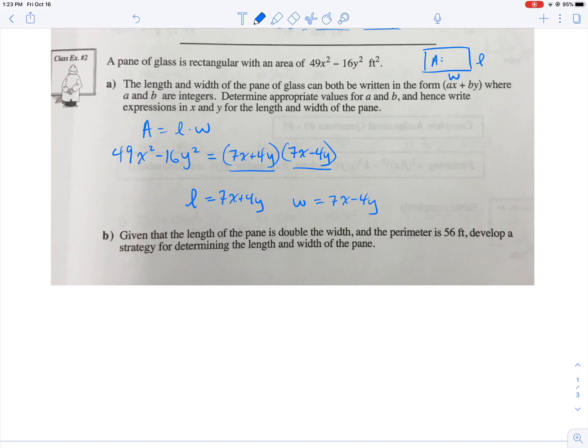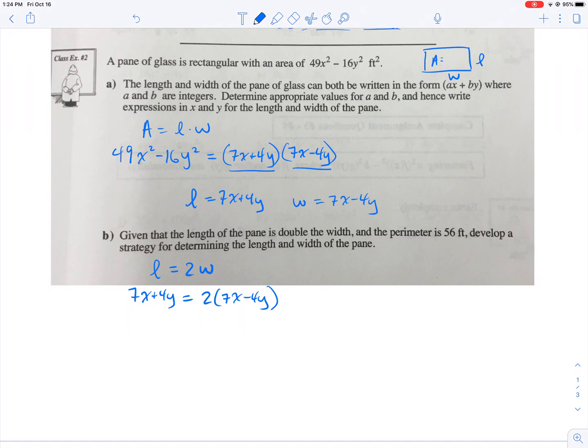Given that the length of the pane is double the width, and the perimeter is 56. Okay, so we've got a lot of information here. Length is double the width. Okay, 7x plus 4y is equal to 2 times 7x minus 4y.